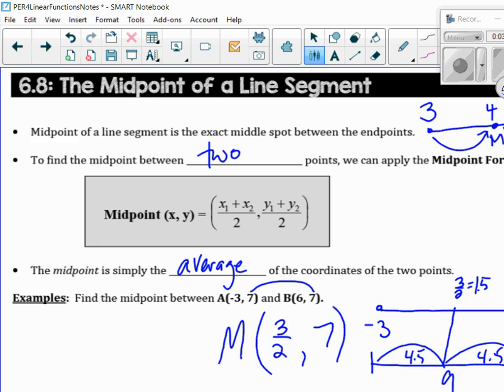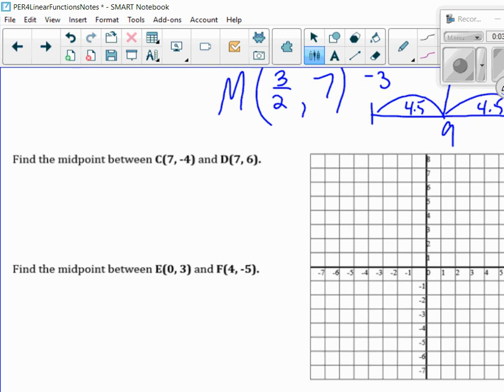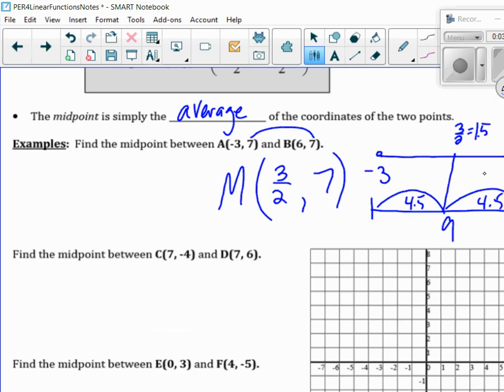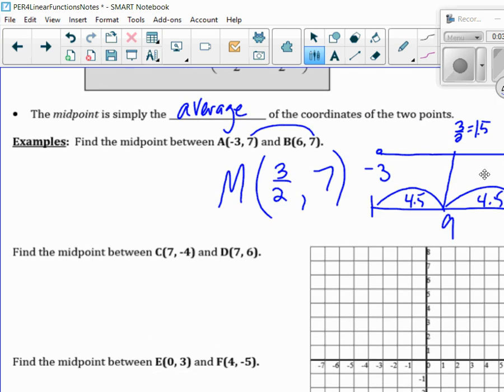And 7 plus 7 is 14. Divide by 2 is 7 still, right? Okay. Watch. Negative 3, 7, there's A. And 6, 7, there's B. Look at this holistically, the distance.